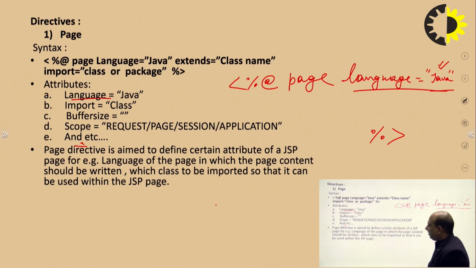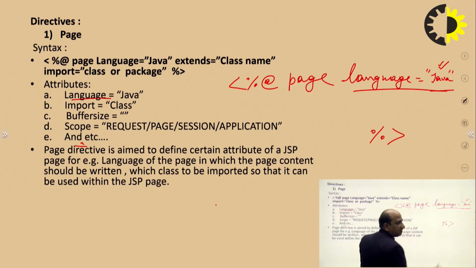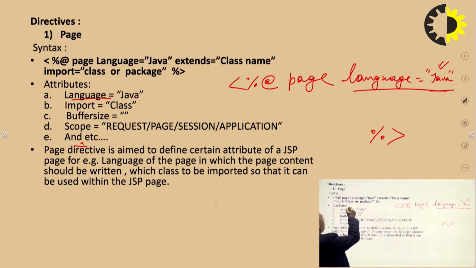Similarly you can use any number of attributes for this page directive, and there are a number of attributes available. You can use the import attribute for importing some packages or classes from other packages into the current JSP page.